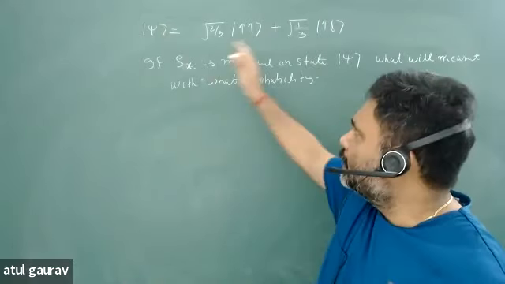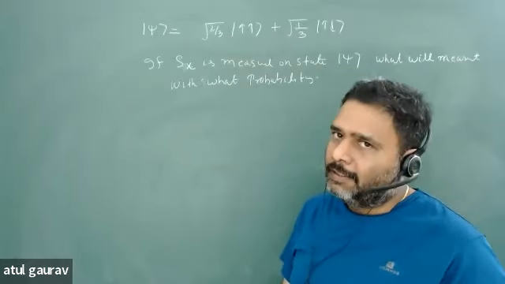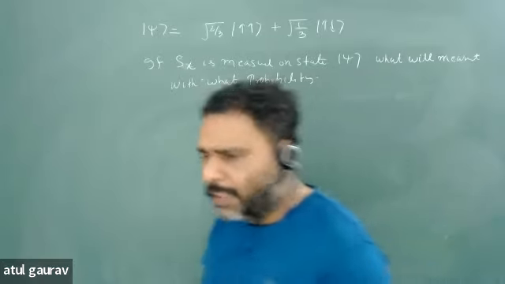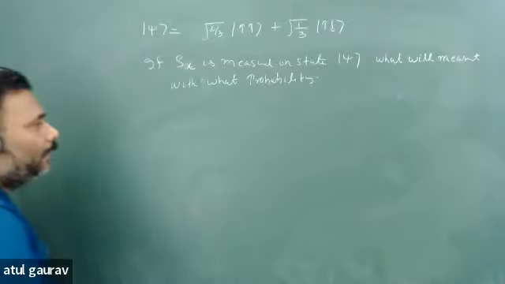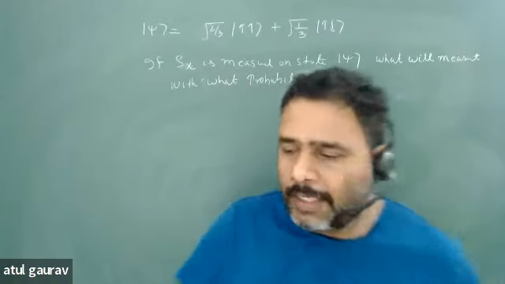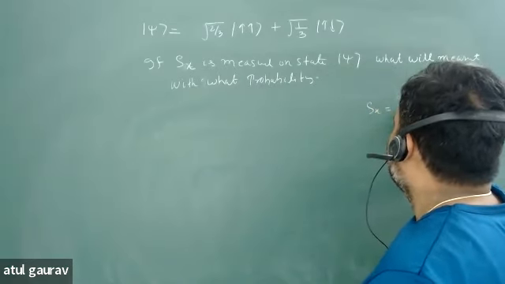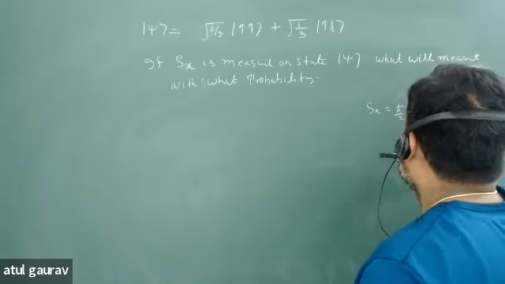First, we will just try to change the basis, and after that we will use the matrix method, which is the simplest one. But yes, you have to know how you are going to change. So what is the Sx operator? The Sx operator is h cut by 2 times the matrix 0, 1, 1, 0.